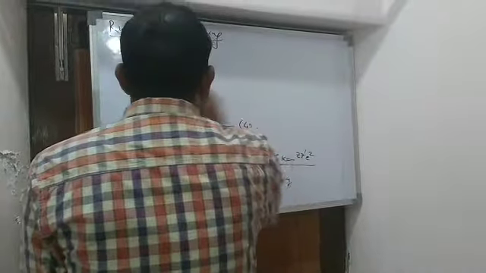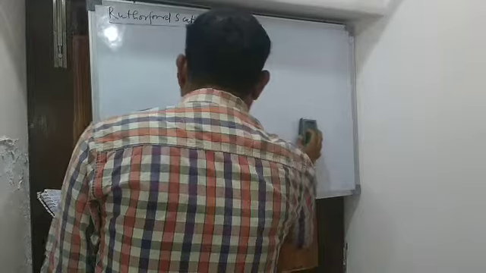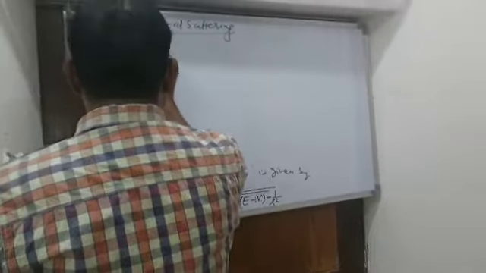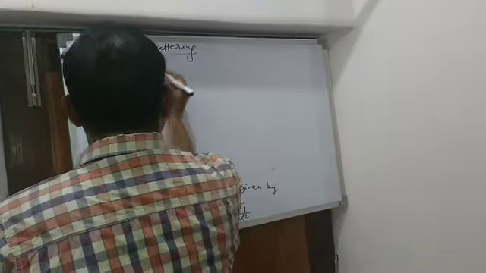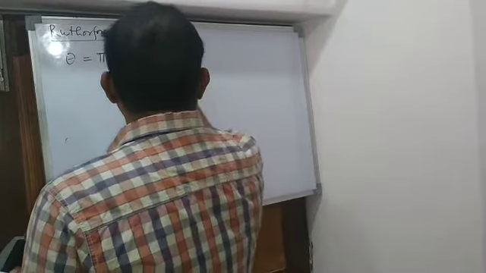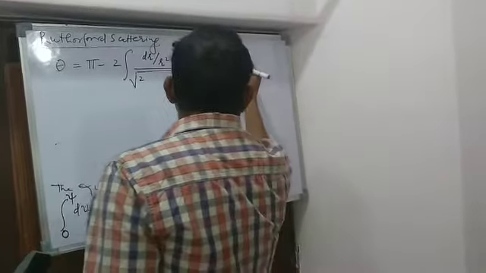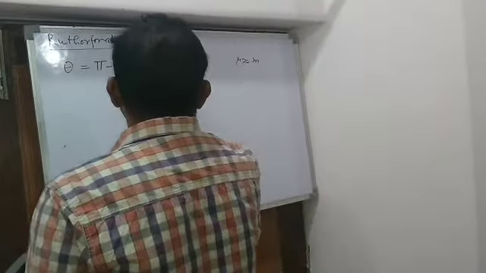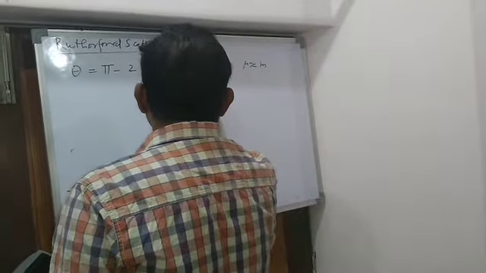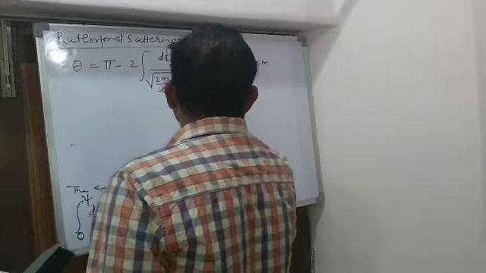So next, therefore theta is equal to pi minus 2 psi, which is going to be pi minus 2 times the integral of dr by r square, square root of 2m, since mu is approximately equal to m, E minus V by L square minus 1 over r square.